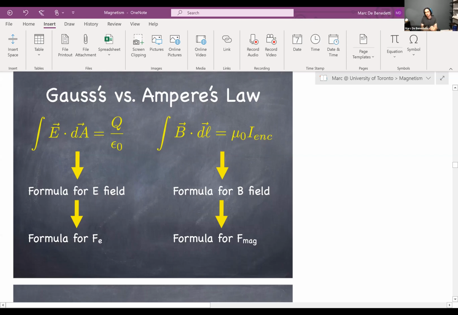We used Gauss's law to govern electrostatics. And with Gauss's law we related the source of the E field, Q, charge is the source of the E field, to the field itself, E. So Gauss's law you see here.